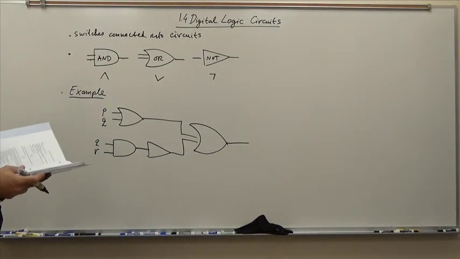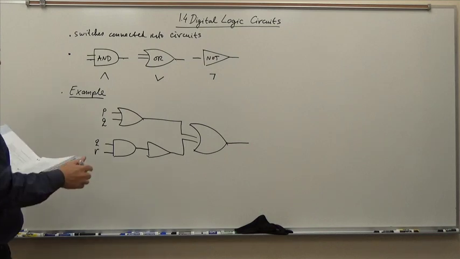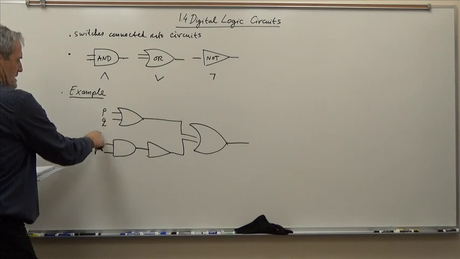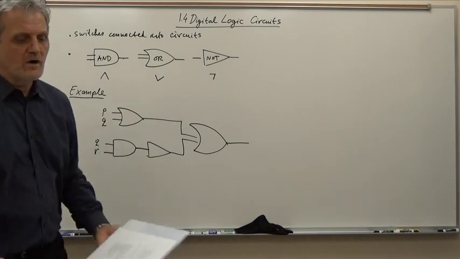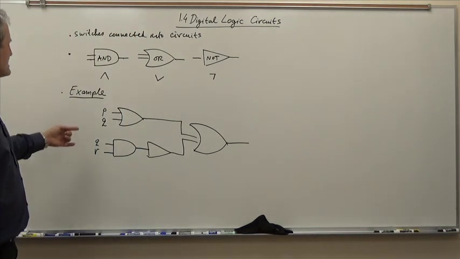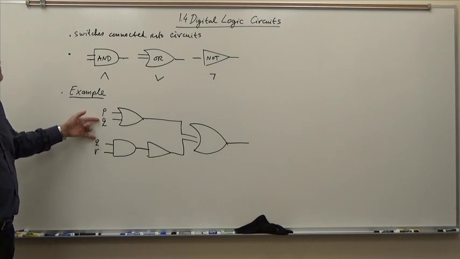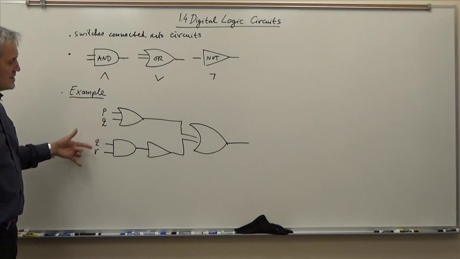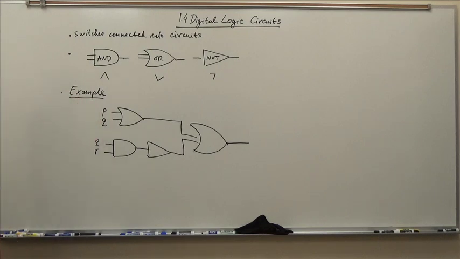When you look at this circuit, it's obvious that we have three switches, P, Q, and R. Since I use the same letter, Q obviously must have the same status, on or off, which is the same valuation, 0 or 1, true or false. Then P and R have their own independent status.